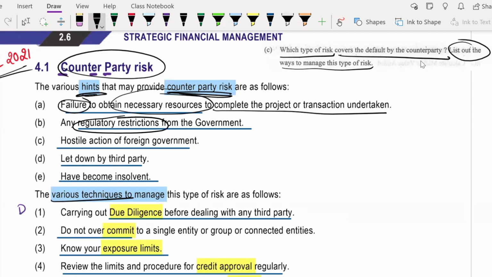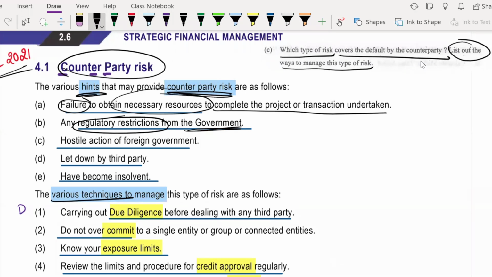Then regulatory restrictions from the government are also a hint of counterparty risk. What might happen is that the Chinese government may suddenly say that from today you cannot send this much bulk of money to India. There is a restriction on sending money to India. Now if they have to repay you, they will not be able to send you the entire money at once, right?